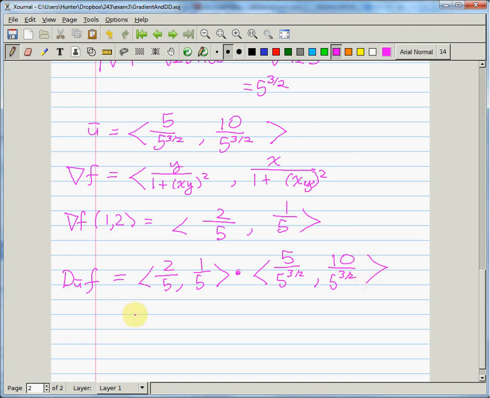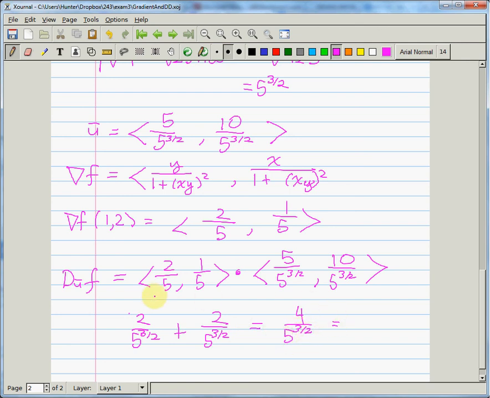So just computing the dot product as we normally do, this is going to be 2 over 5 to the 3 halves plus 2 over 5 to the 3 halves, which is equal to 4 over 5 to the 3 halves.